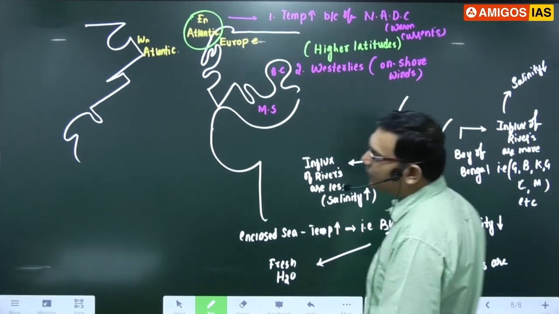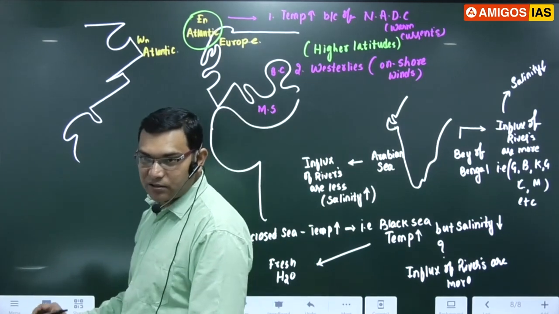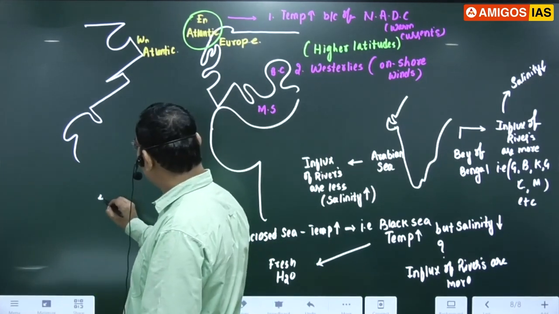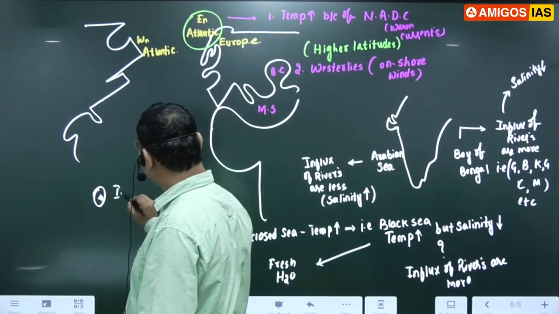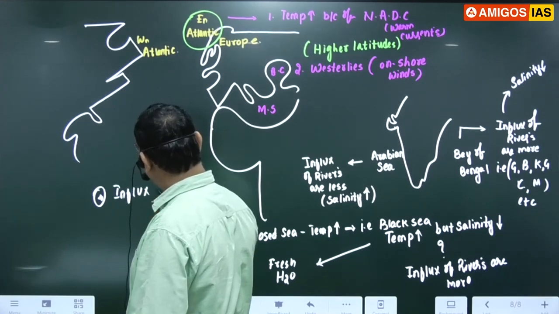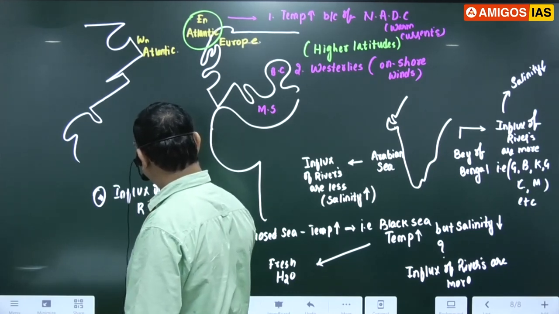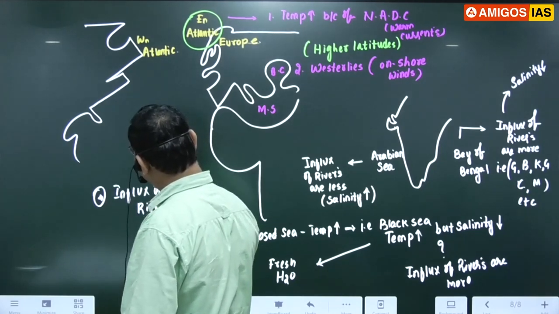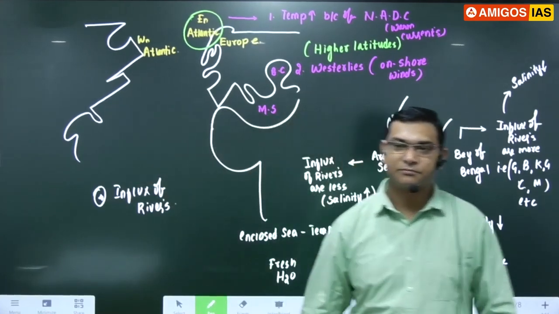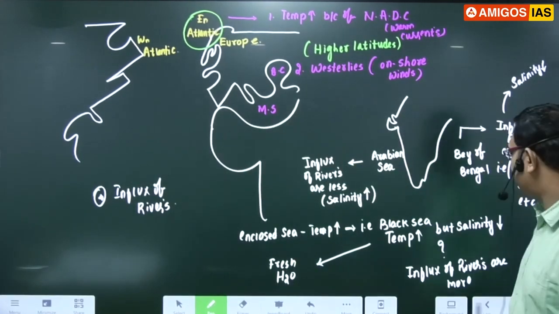So can I say the other factor which is affecting, fourth or fifth? This is fourth. The fourth factor which is affecting is the influx of rivers. Got my point? Yes or no? Now you can write it.